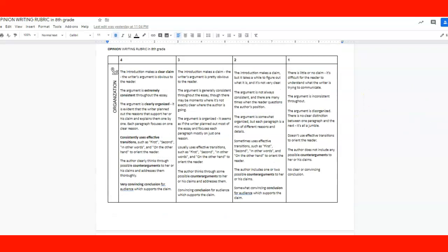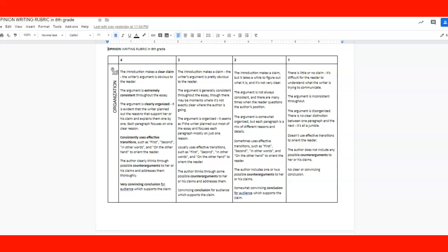Yes, that means you need to have an introduction, body paragraphs, and conclusion. You need to make sure that you're transitioning well. You need to make sure that you're providing evidence that everything is clear and direct, well organized. You can look through each column from your 4 to your 3 to your 2 to your 1 of the different characteristics that we're going to be looking at for organization.